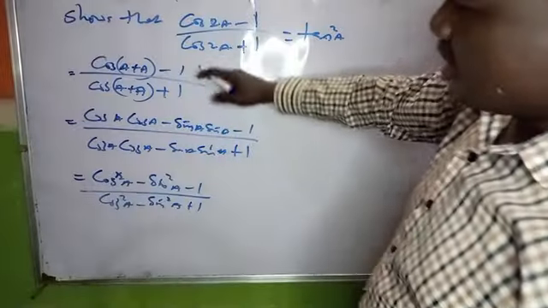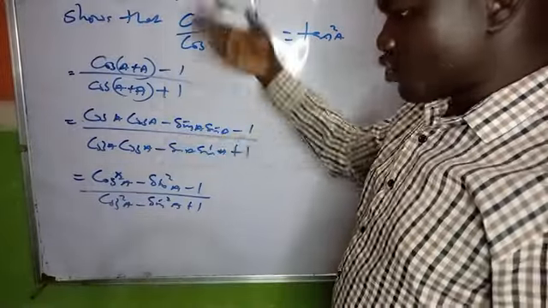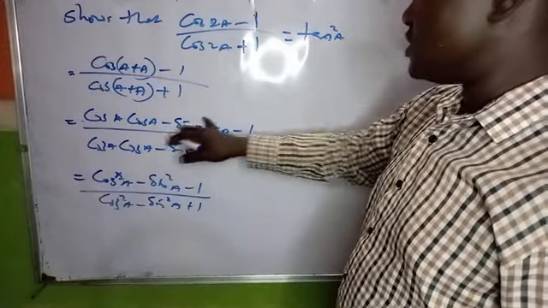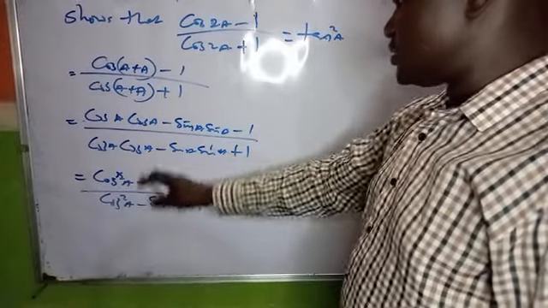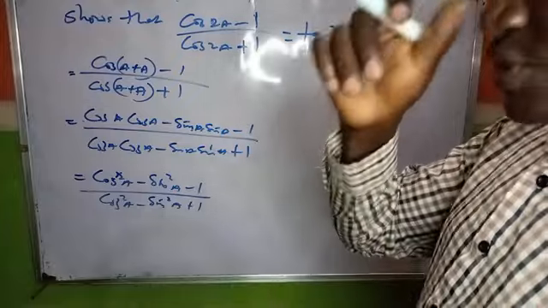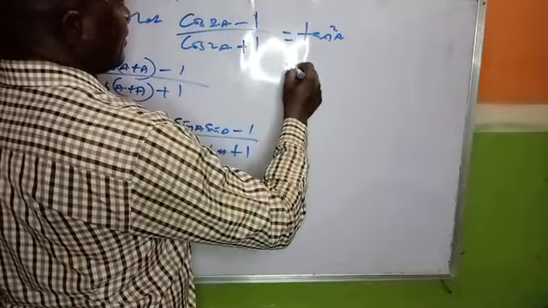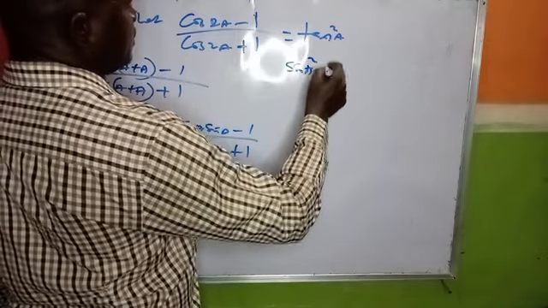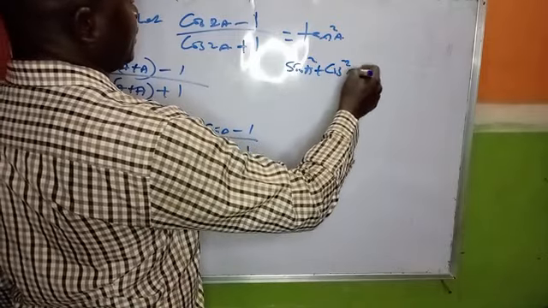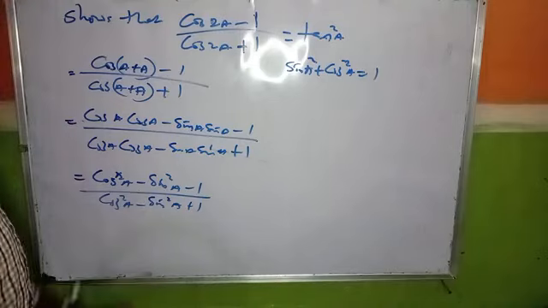I believe it's clear. This and this is squared. So in trigonometry identity, I told you the other time that sine square A plus cos square A equal to 1. So you apply it here.